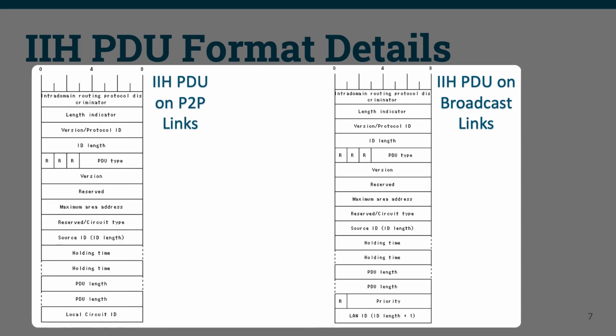The only difference is towards the bottom, where the broadcast IIH PDU includes a reserved bit, priority field, and the LAN ID for the broadcast segment. The first 8 octets of the PDU is the standard IS-IS PDU header information. These octets are present in each type of PDU we'll review today.